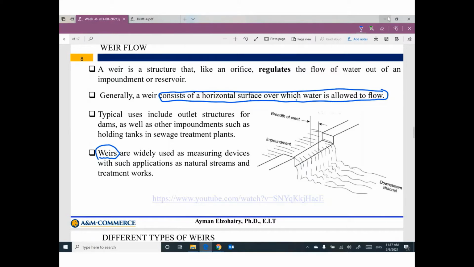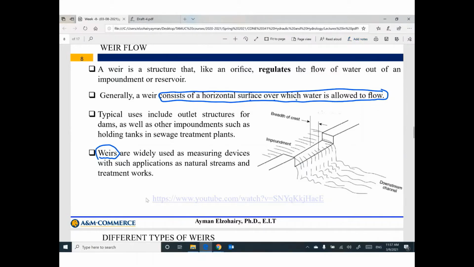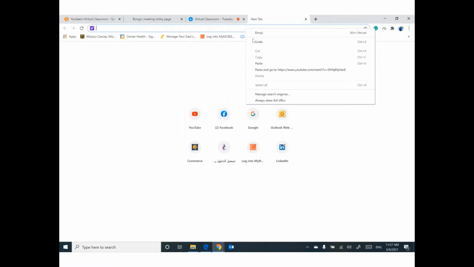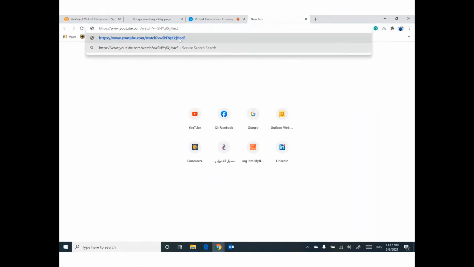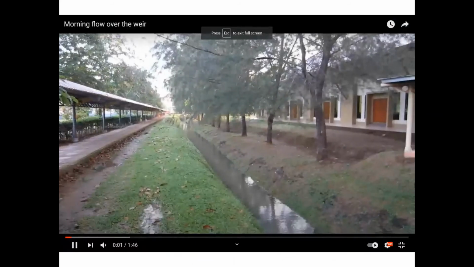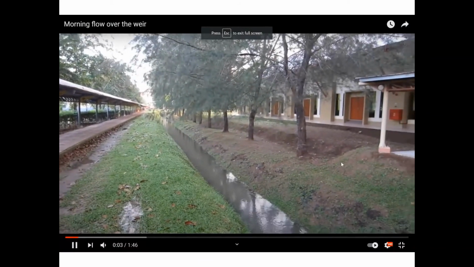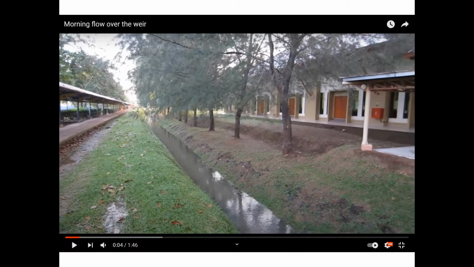For example, let's watch this video. What is the meaning of weir? I'm not sure if you watched it before or not. We have a canal here. This canal is probably collecting drain water coming from rainfall or something like this.